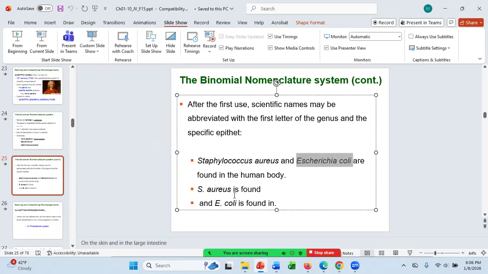S. aureus is actually found in about 20% of Americans growing on the skin, about 50% of Americans growing in the upper throat and the nasal passages. Staphylococcus aureus, though, is a human pathogen, and it can cause skin disease.